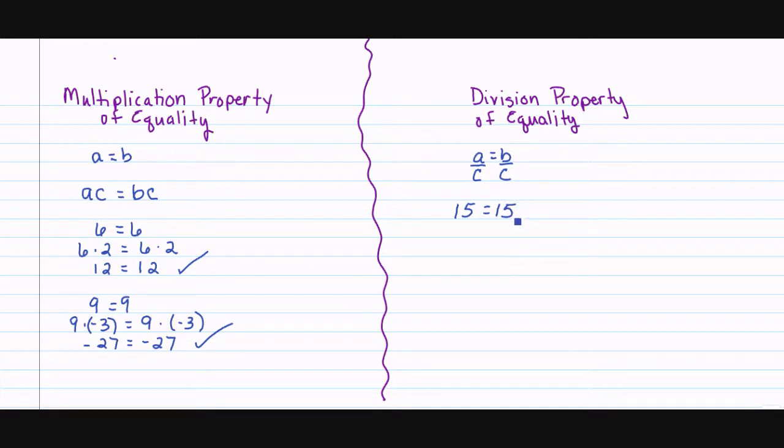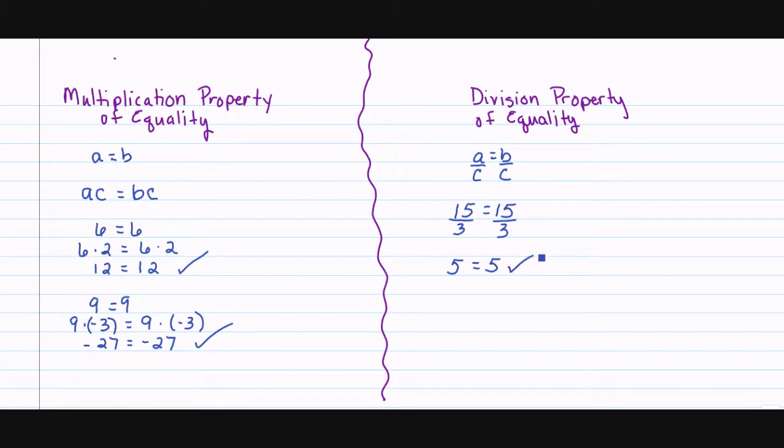That statement is true. 15 does equal 15. But if I'm going to divide this side by 3, which will give me 5, well, 5 doesn't equal 15. In order to make that statement true, I have to divide this side by 3. Now my sentence is true.